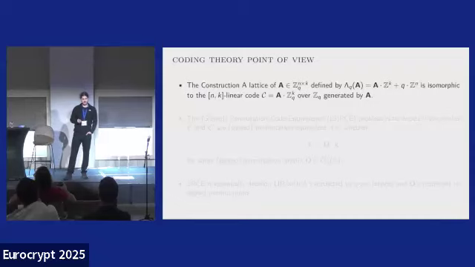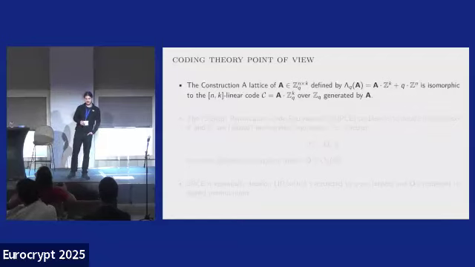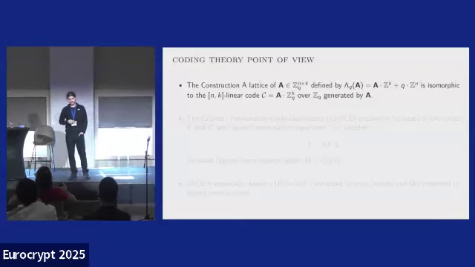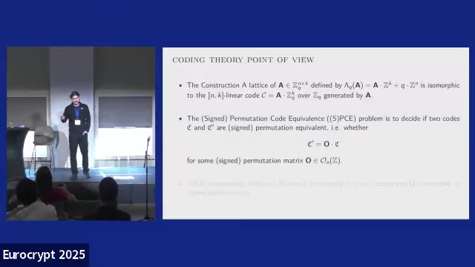So there's a correspondence between constructional lattices of full rank matrices and linear codes over the finite field Z_Q of length n and dimension k that are generated by these same matrices. And then the corresponding isomorphism problem is just the signed permutation equivalence problem, which is also, under certain conditions, conjectured to be hard.